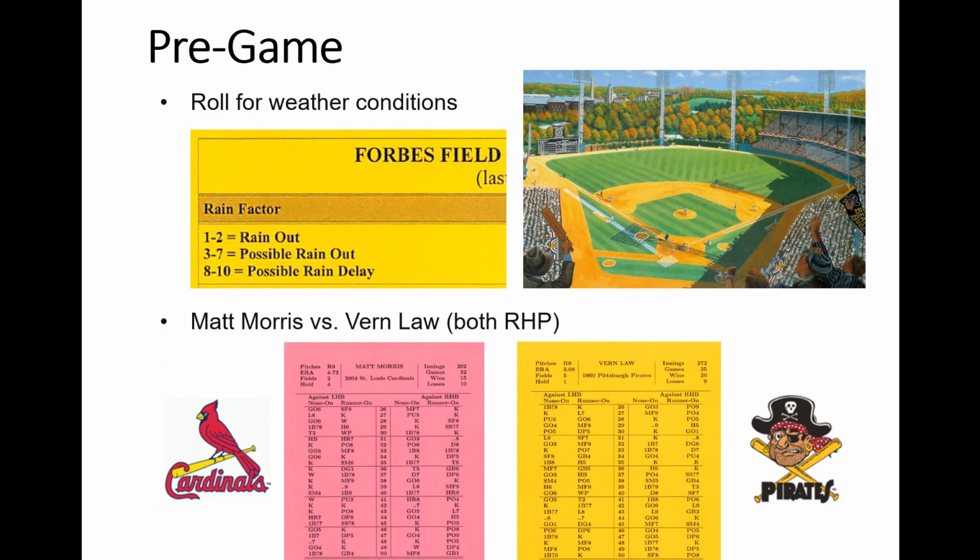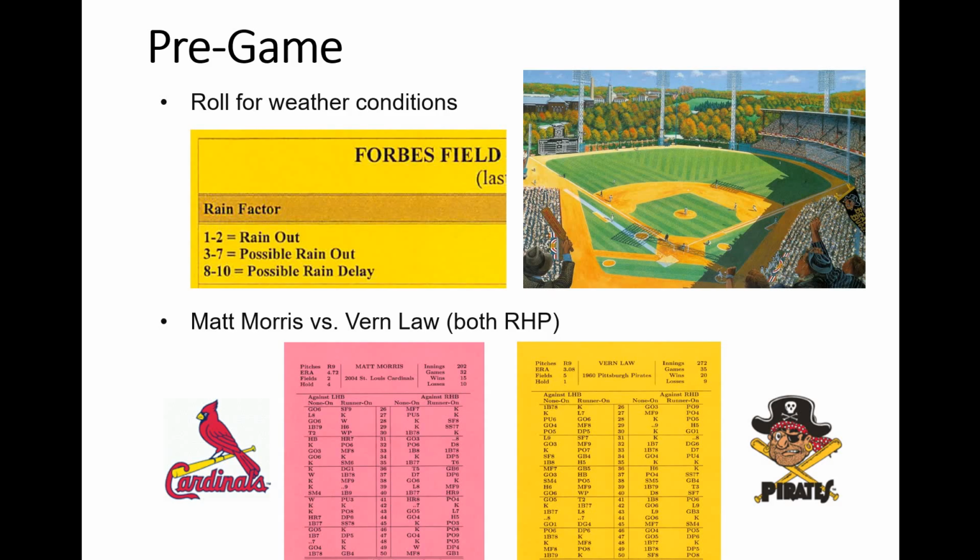So in ballpark baseball, there is a pregame routine where you're supposed to roll the dice or generate a random number to determine what the potential weather conditions are. I am no expert in this part of the game, but that's part of the pregame ritual. Today's game, as I said, is going to be the Pirates and the Cardinals.